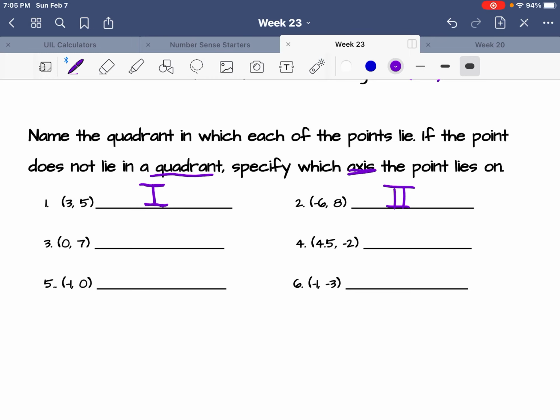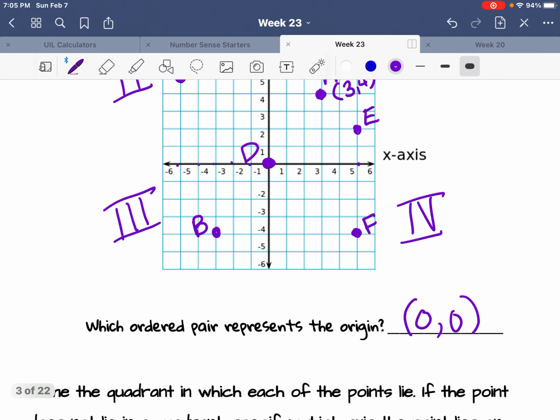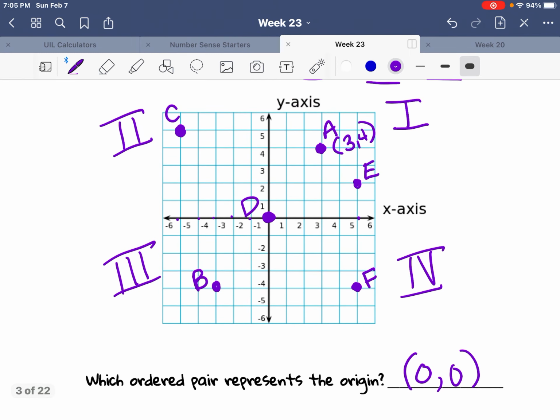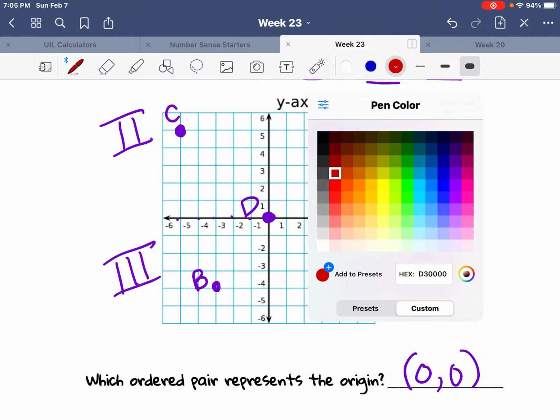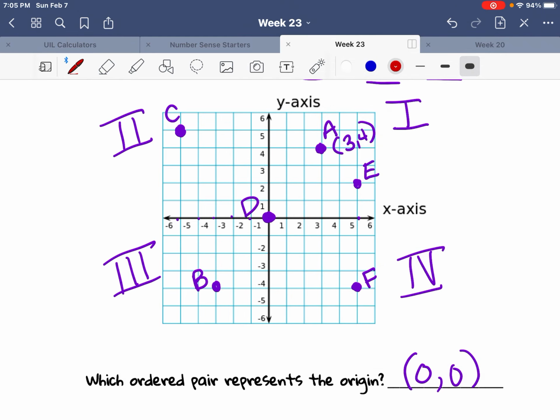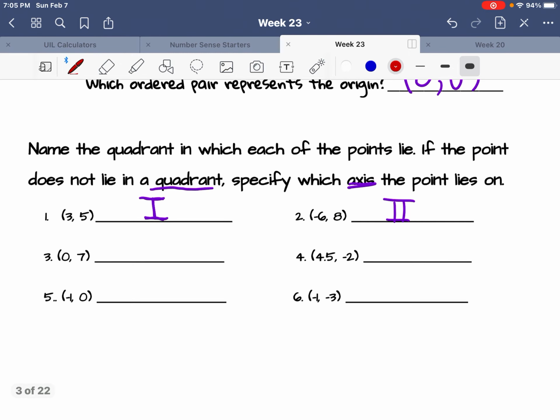The point (0, 7), let's look up here at that. That's at 0 on the x-axis, but it's at 7, which would be up here off of the graph, on the y-axis.